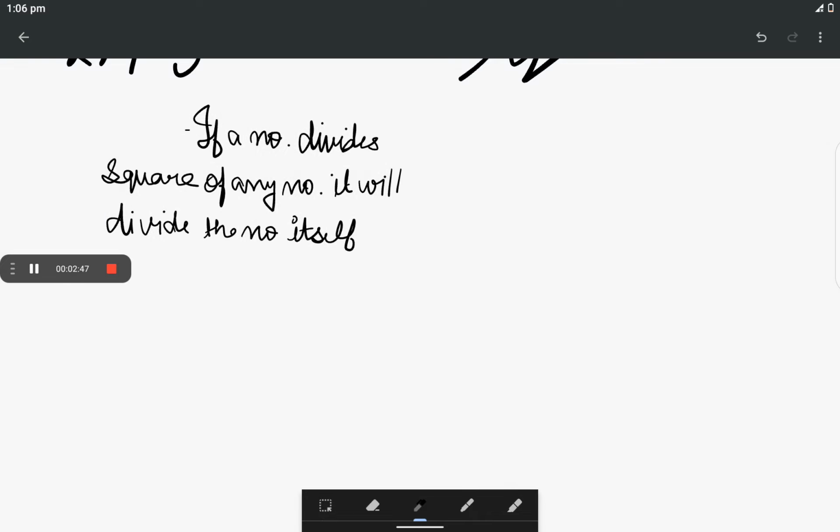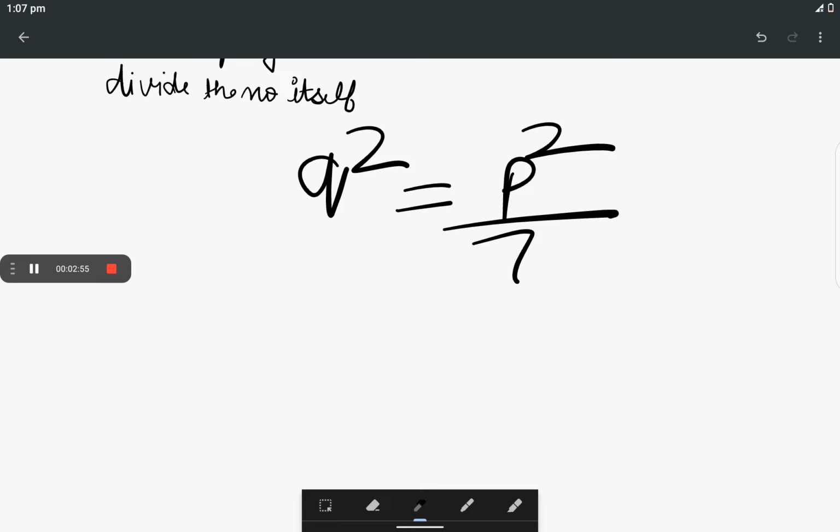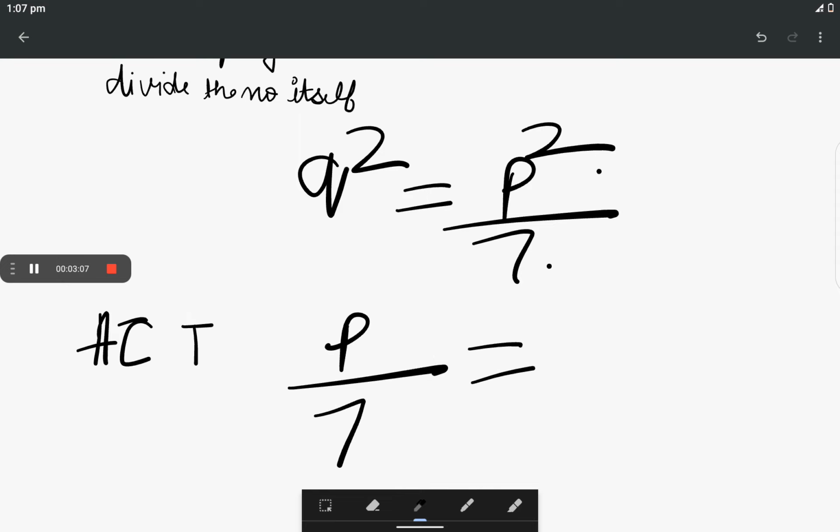So now according to this theorem, if p square is divided by 7, then 7 can also, according to the theorem, divide p. So let's say p when divided by 7 gives the number n.